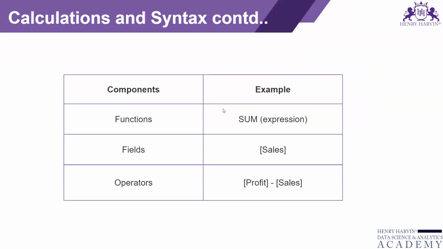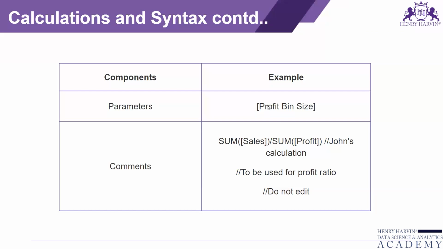If you have written an expression inside this sum function, and you are giving it to someone else and want to explain what it is, then you can do the following. Here, sum of sales by sum of profit is basically an expression.